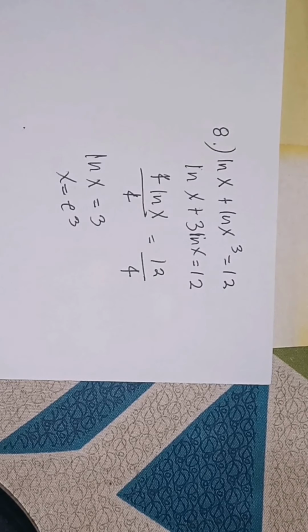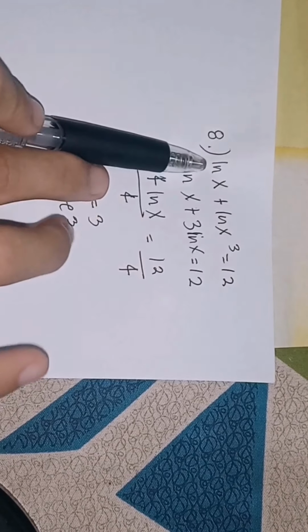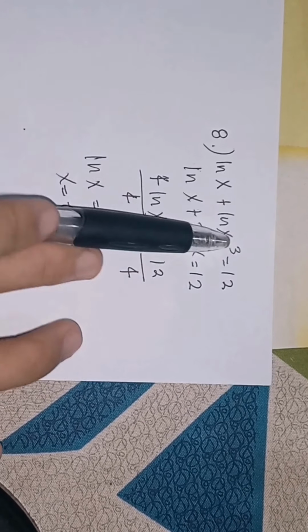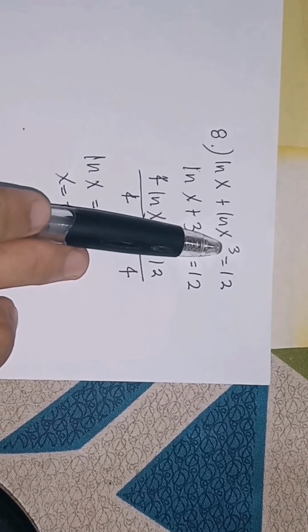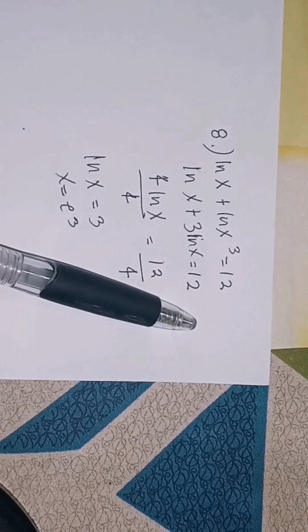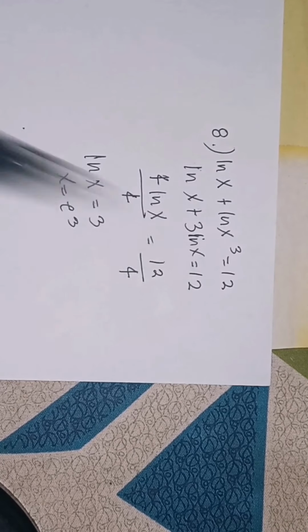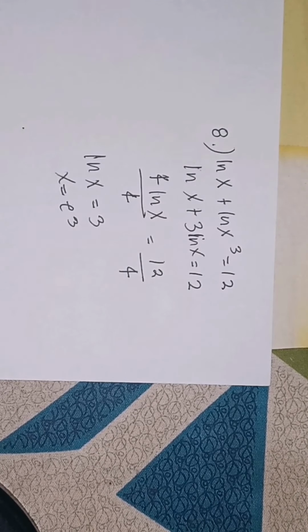So, we have problem number 8. ln x plus ln x cubed equals 12. So simplify this.